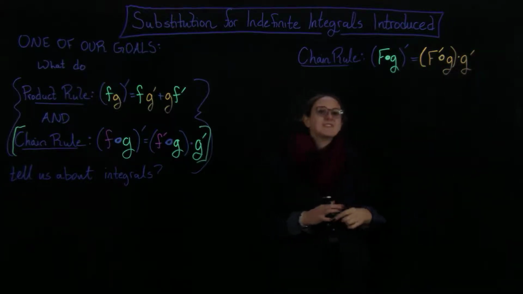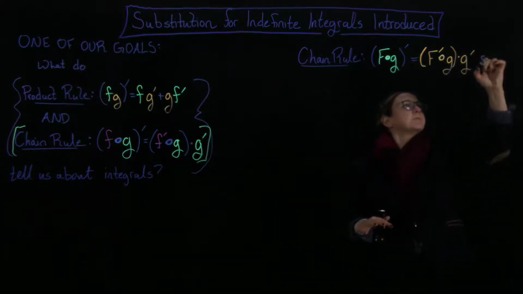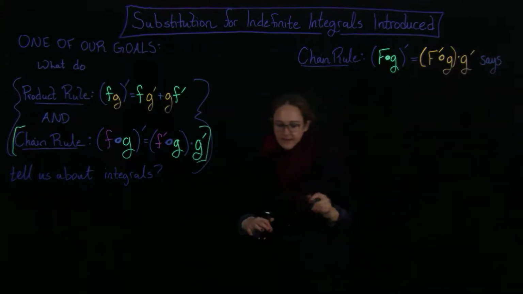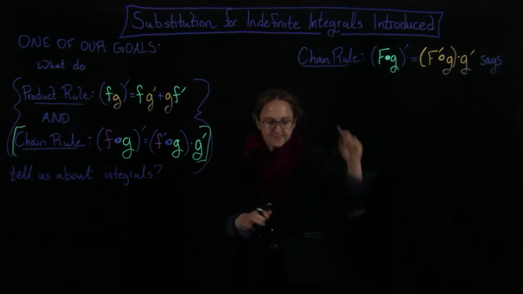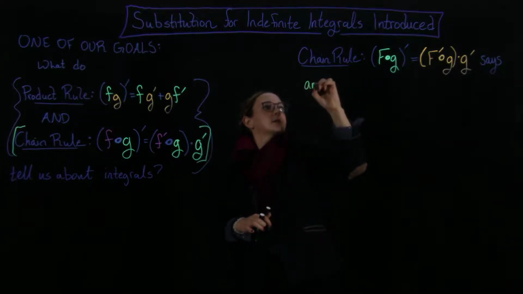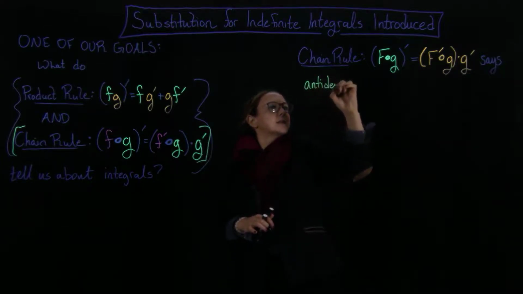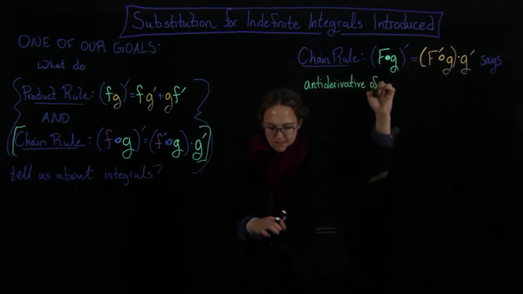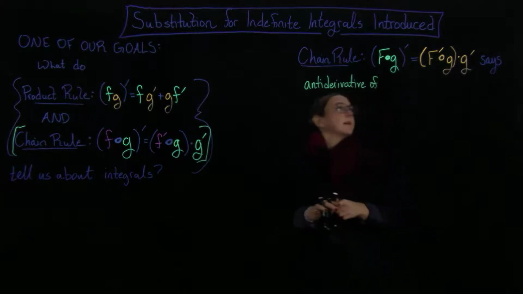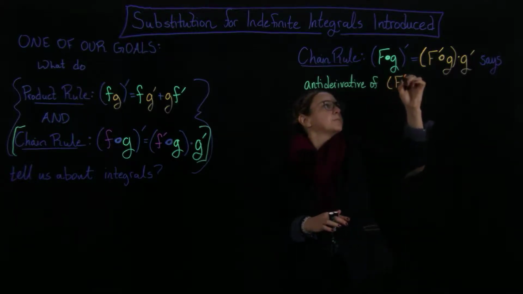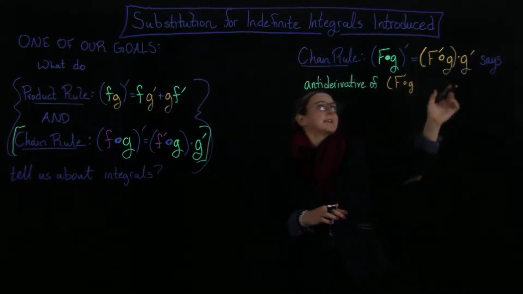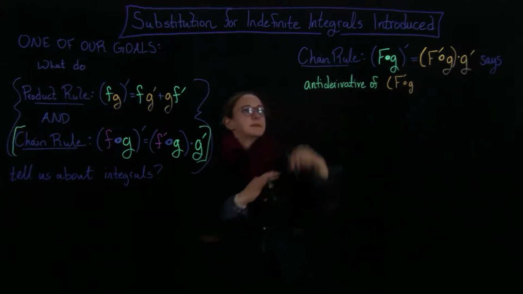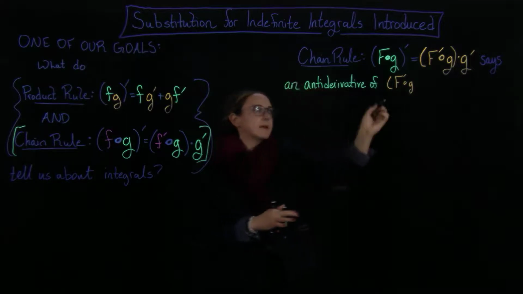So what does this kind of tell us? So this says that the antiderivative, so this is kind of why I changed the color scheme a little bit, the antiderivative of the orange one, or says an antiderivative of this, and maybe I'll even put the "and" to emphasize.